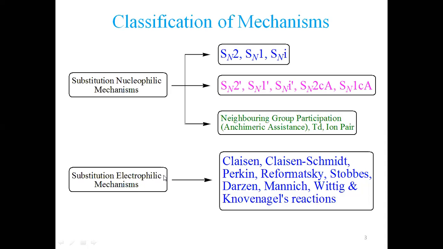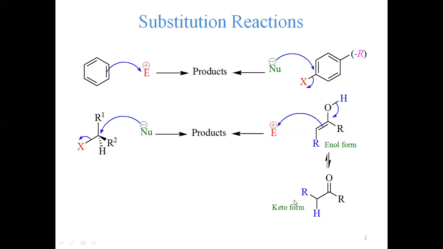syllabi. The syllabi only include keto-enol tautomerism, but it is not limited to keto-enol tautomerism, because it may be different. Rather than the keto-enol tautomeric form, we may have a nitro, aci-nitro equilibrium or tautomeric forms.